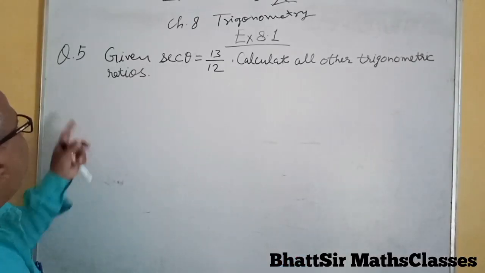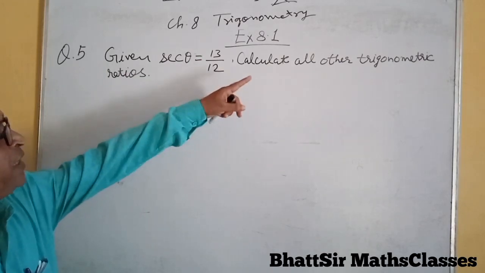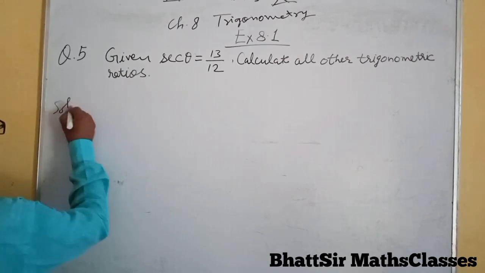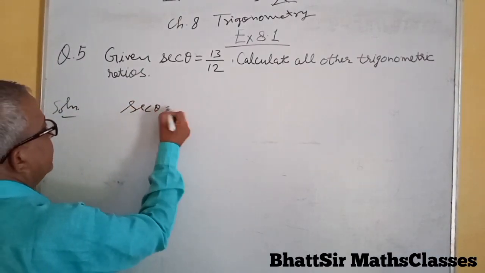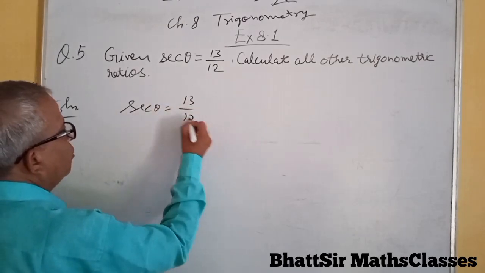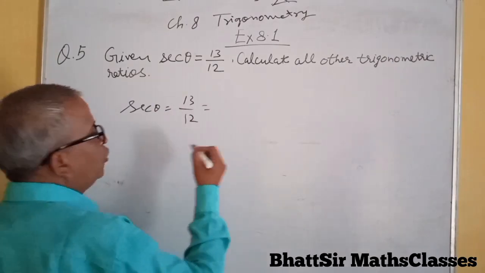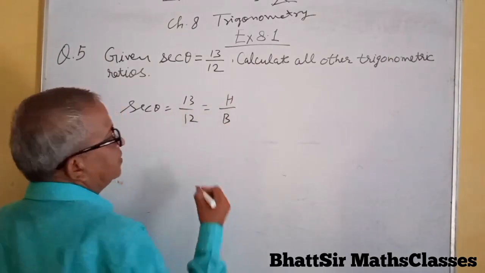Next, question 5. Given sec theta equals 13 upon 12, calculate all other trigonometric ratios. So I am giving a solution. Sec theta equals 13 upon 12. Sec theta, you know, is hypotenuse over base.